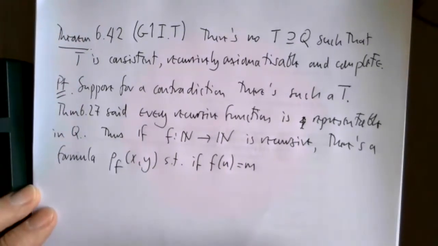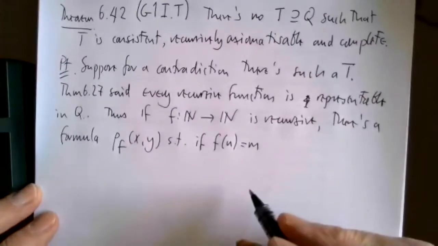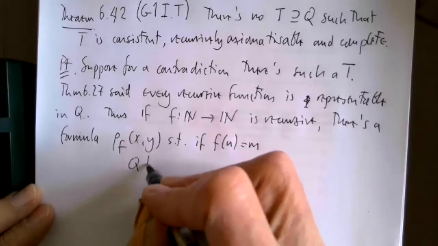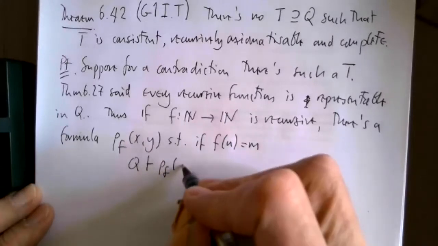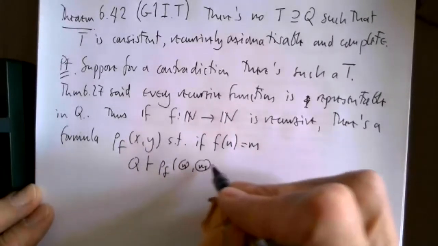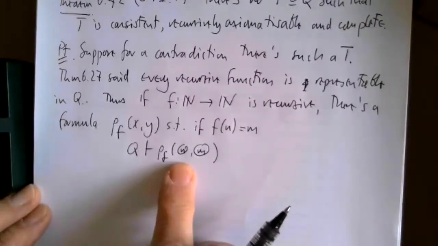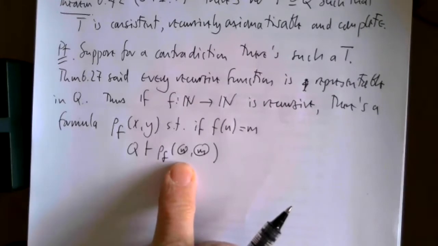So that if f of n equals m, Q can prove that formula about those number terms, n and m.